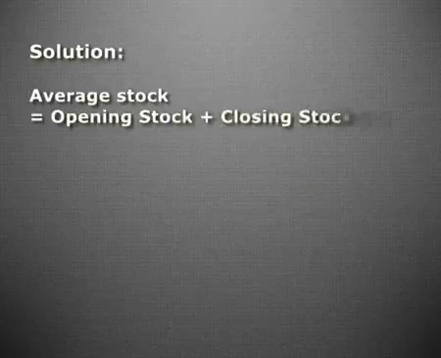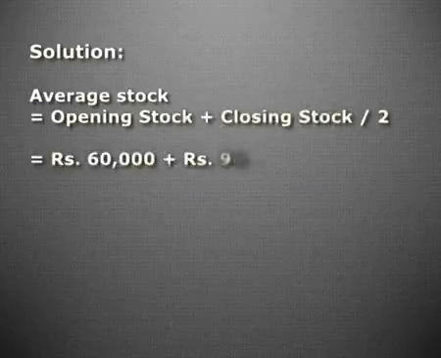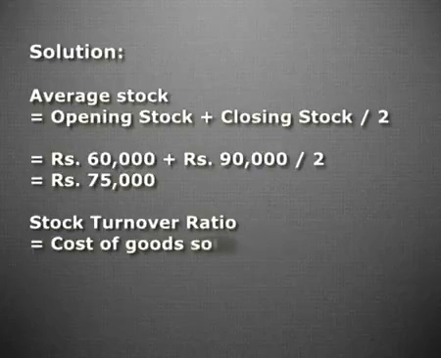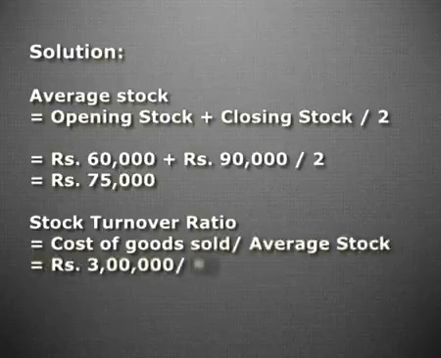Average stock is equal to opening stock plus closing stock divided by 2, which is rupees 60,000 plus rupees 90,000 divided by 2, equal to rupees 75,000.